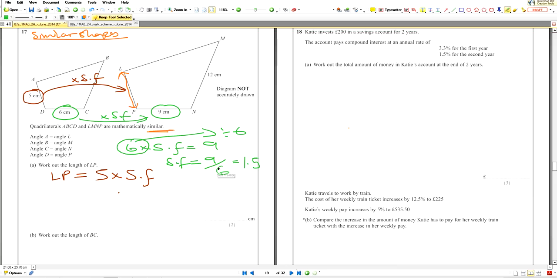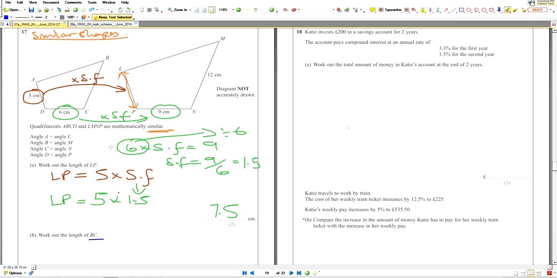So the scale factor we have is 1.5 exactly. Now we can put the scale factor in here. So 1.5 multiplied, remember this was not an S, this is a 5. So LP is 5 times by 1.5, which gives us an answer of 7.5. Lovely.